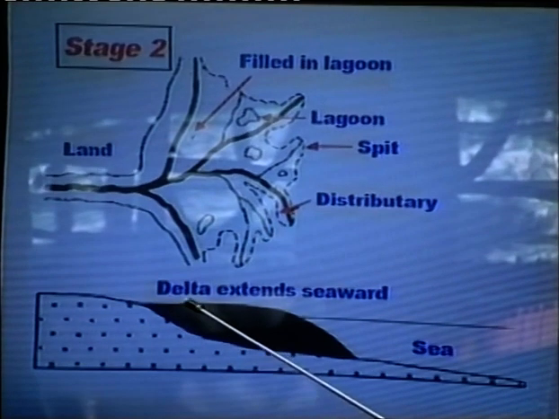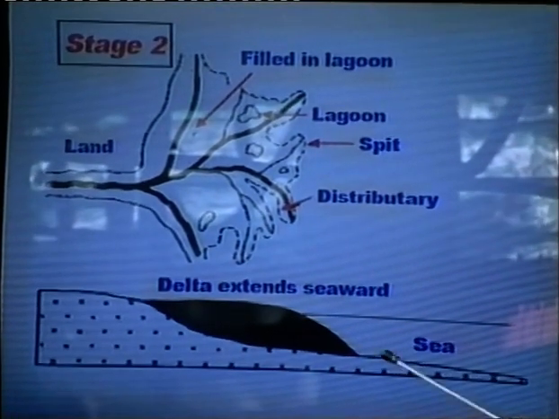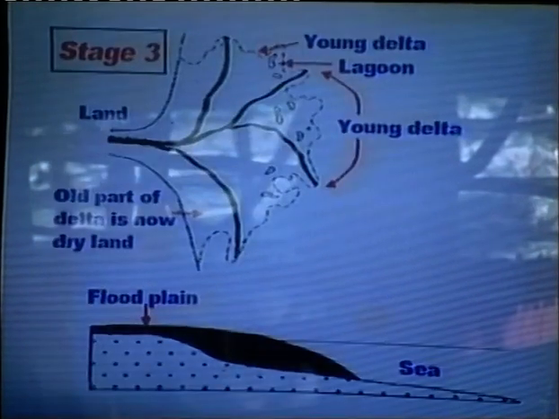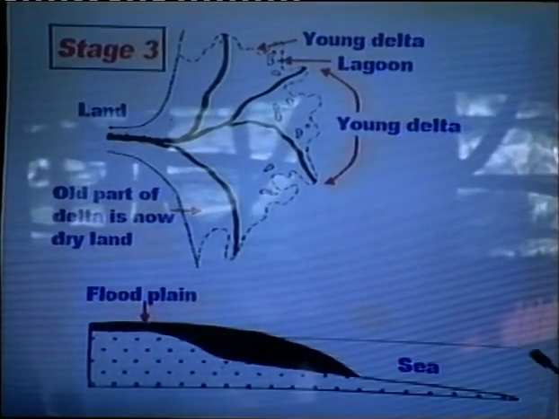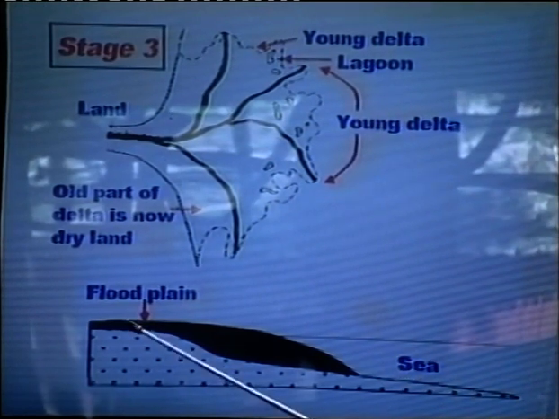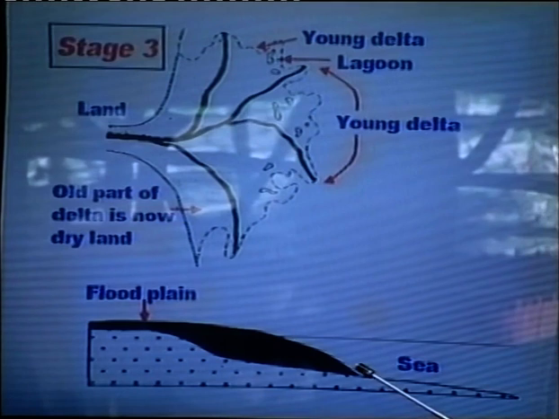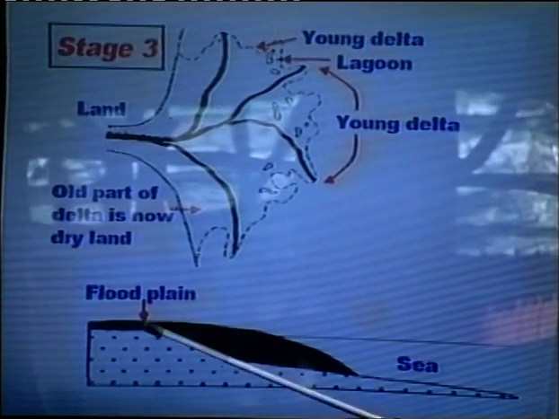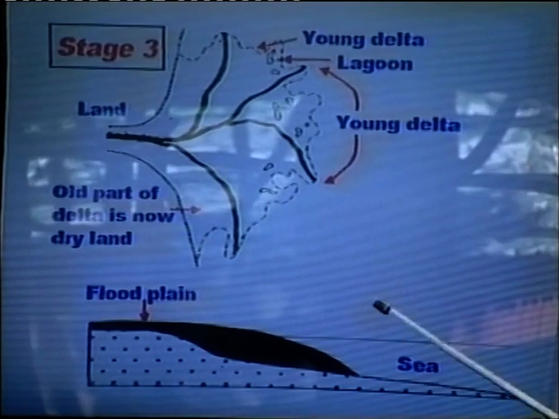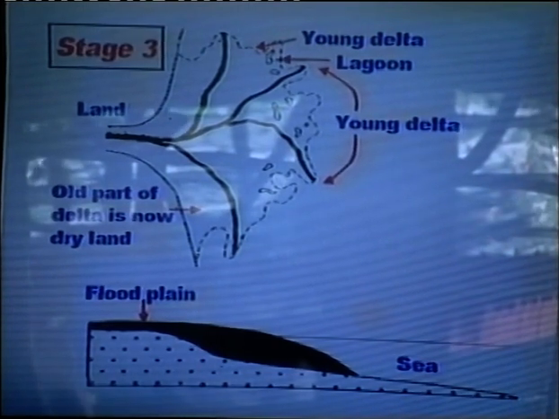The cross-section will show the extension of the land by the deposited sediments. And stage 3, you have a mature delta which is being formed now. Again, the cross-section shows the further extension. You can see the old part of the delta and the new part, which is extending further out into the sea.